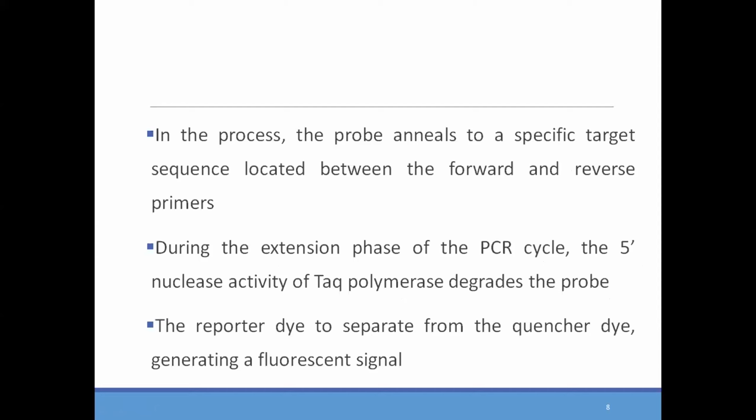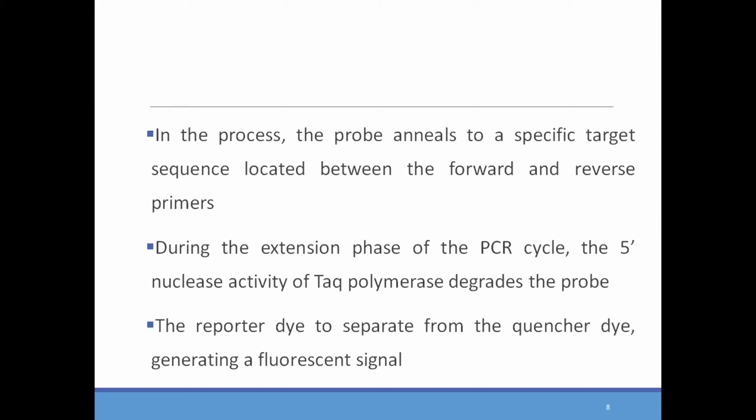Now, once you start the PCR, the probe goes and anneals to the specific target sequence located between the forward and the reverse primer of our target region. Then during the extension phase of the PCR cycle, there is this 5' to 3' nuclease activity of Taq polymerase. It degrades the probe. The probe is attached to a reporter dye and a quencher dye.